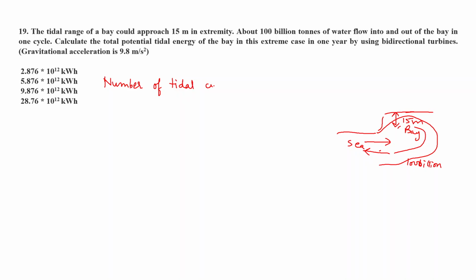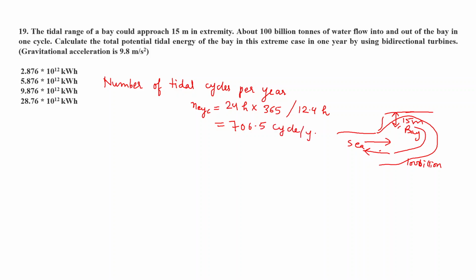Number of tidal cycles per year, NCYC, is given by 24 hours in a day, and 365 days per year, upon 12.4 hours. This is basically the time taken by one tide to occur. So it comes to be 706.5 cycles per year. This is constant all the time because this time doesn't change.